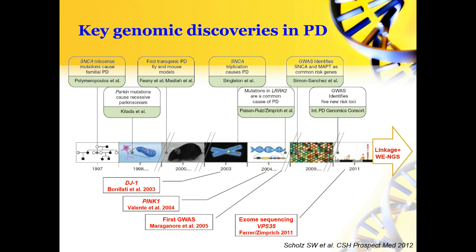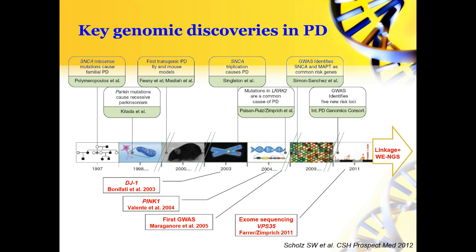This figure illustrates key genomic discoveries in Parkinson's disease. Alpha-synuclein, SNCA, is the first genetic cause of PD, which was identified in an autosomal dominant Parkinsonian family in 1997 by Dr. Polymeropoulos.